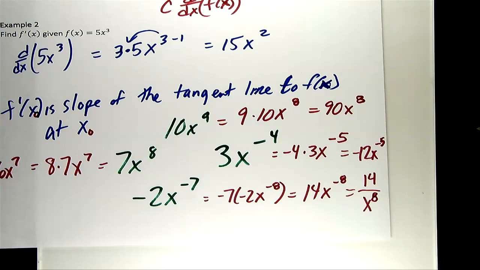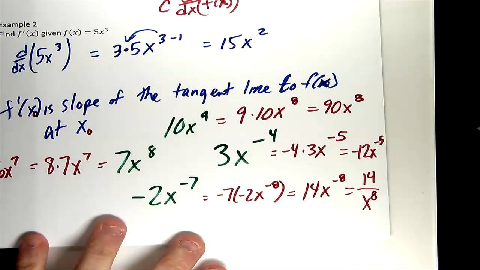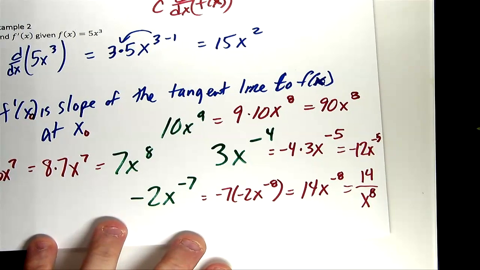In fact, in 2.4, we're going to do something called the product and quotient rules. The quotient rule is for doing these derivatives when something's on the bottom. When we get to 2.6, we'll show how to rewrite the quotient rule as a product rule just by using negative exponents.